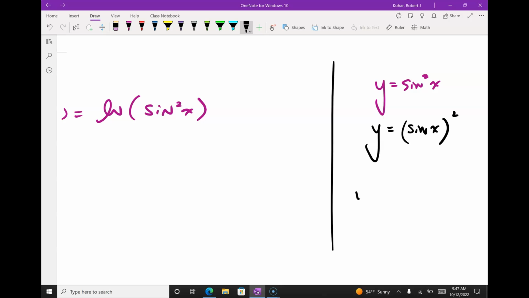Good, so what's y prime now? 2 times the inside, but now to the first power, and I keep whatever I had originally inside the box. So 2 times the sine of x, times the derivative of the inside, which is cos x, and then we recognize that as sine 2x, another identity.